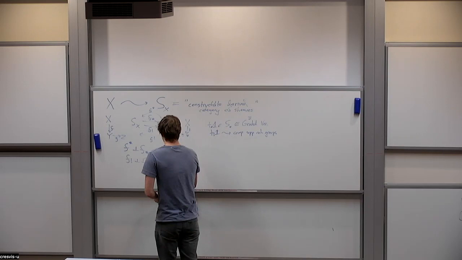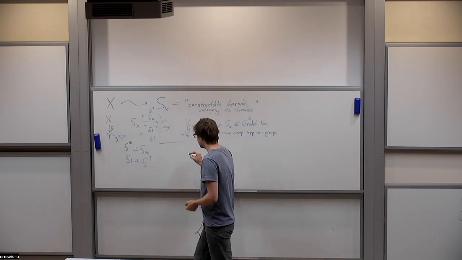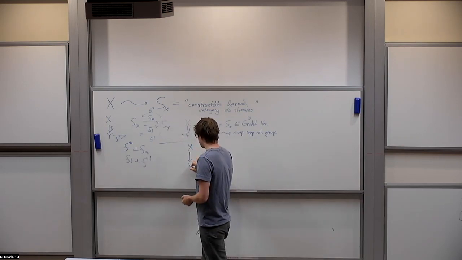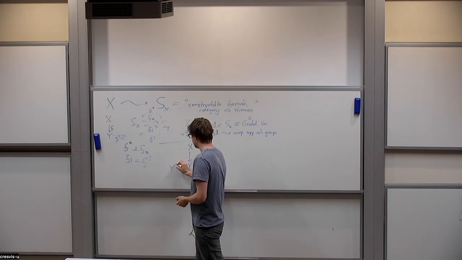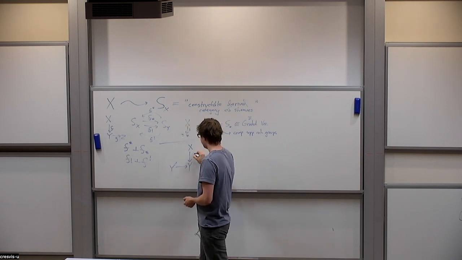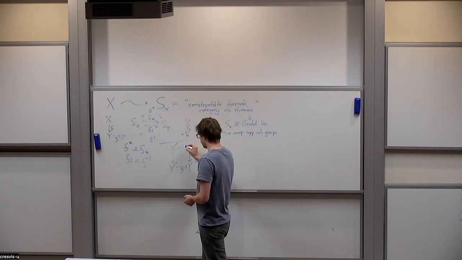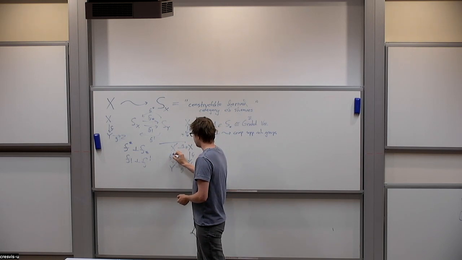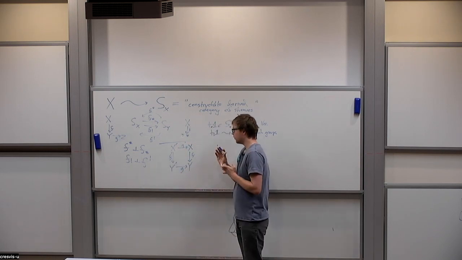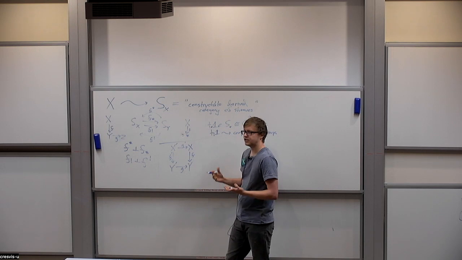Now, one thing which we have is, say we've got a map of spaces, X to Y, and we take the pullback, then we get g prime, f prime. Then one important thing that we have in this setup is something called base change.